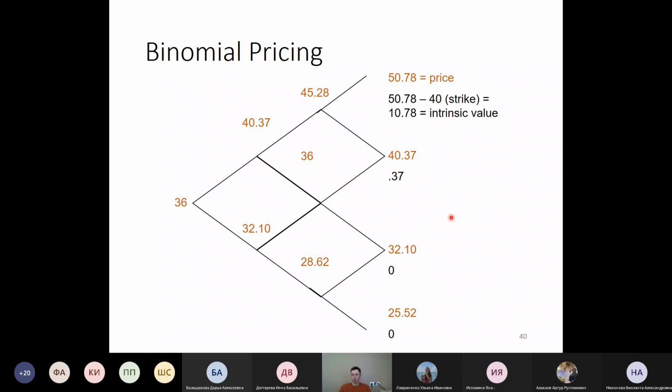You remember that the strike price is 40, so if the price is above 40, it has some intrinsic value. If it is below, it has none. So at those 2 points, there is some intrinsic value. Here, intrinsic value is 0.